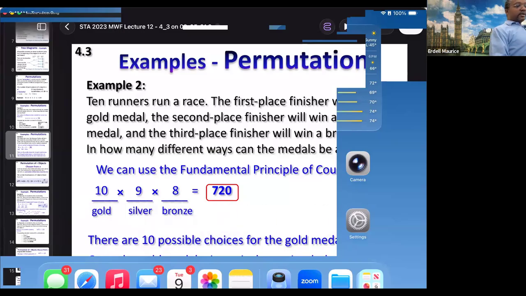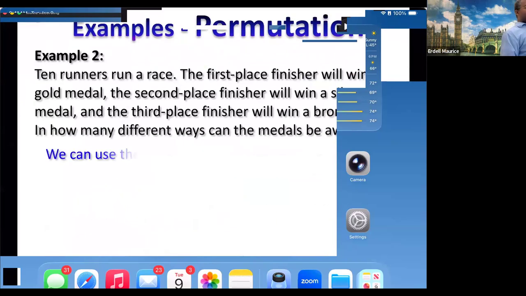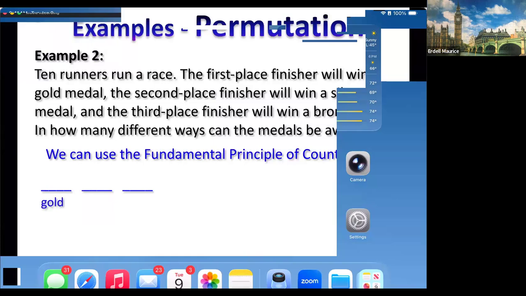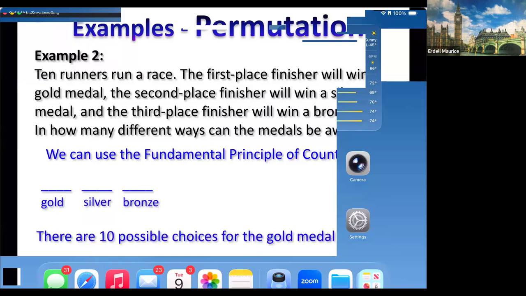Okay. And then what we learned right here is that there is a second way of writing this answer out, not using the fundamental counting principle. And that way is by using the permutation formula. And that permutation formula, we write it this way, we write 10 permute 3.